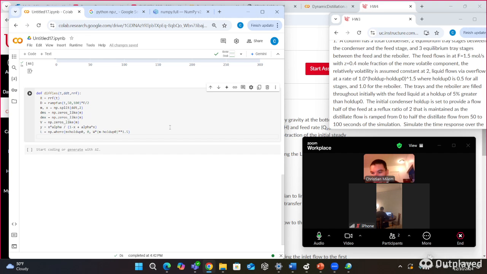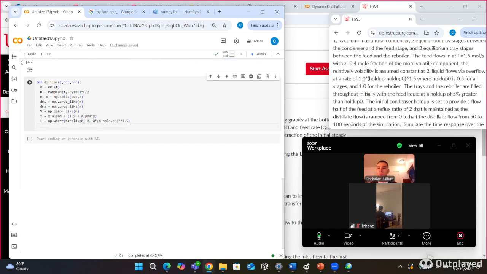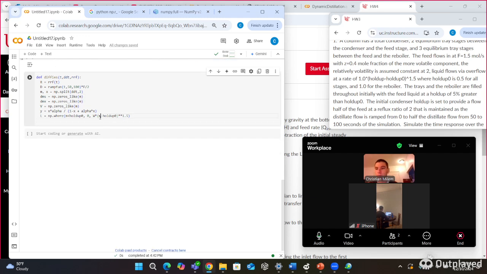This would be any stage so long as you input the right M. Then in our rectifying stage, we have the vapor flow rate, which, yeah, would be the mass balance.